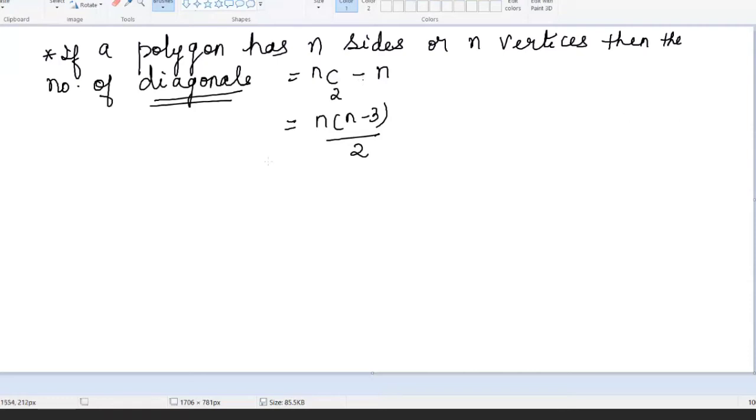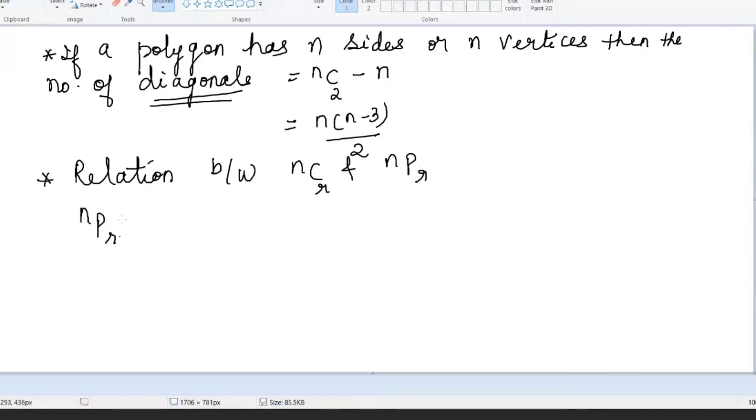Okay. And the last star here is the relation between NCR and NPR. So what do we know? We know NPR. What is the NPR formula? N factorial by N minus R factorial.